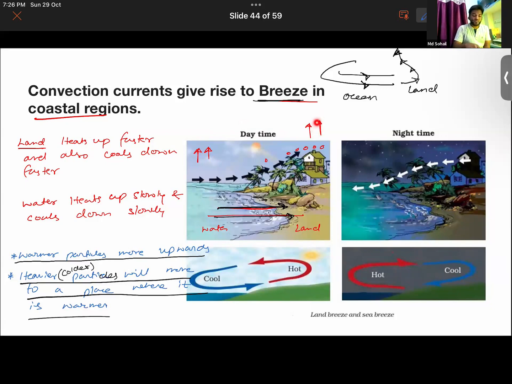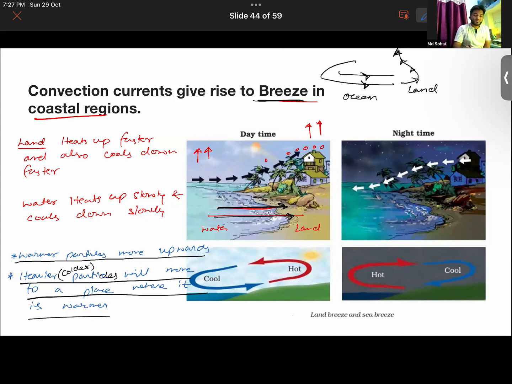So there will be an empty space created over here because the air molecules are now rising up from the land side, right? But there can't be an empty space over here, right? So that space will be taken up by the air molecules coming from the ocean side.